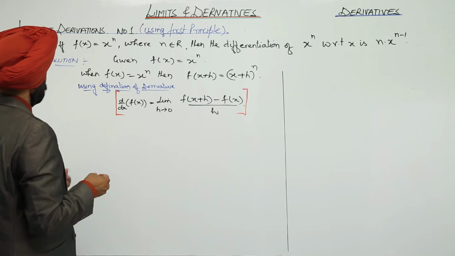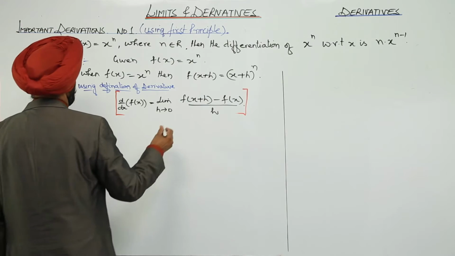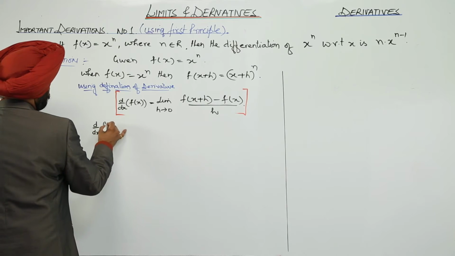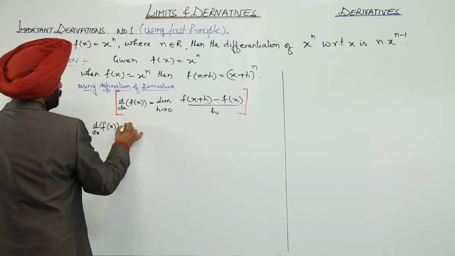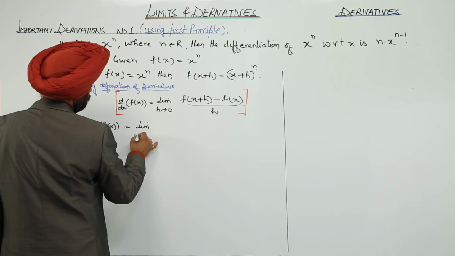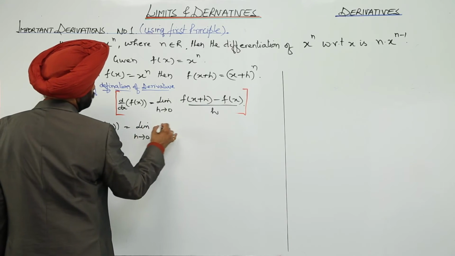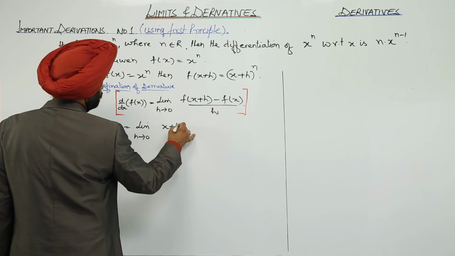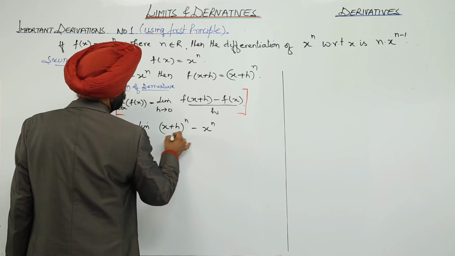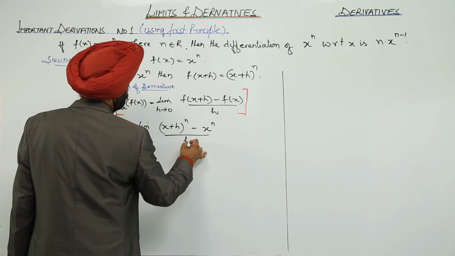Now d by dx of f is equal to limit h approaches to 0 of (x plus h) whole to the power n minus x raised to power n upon h.